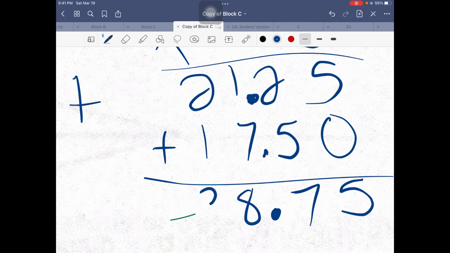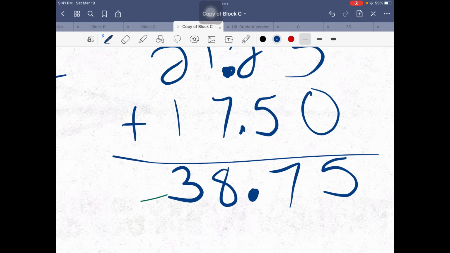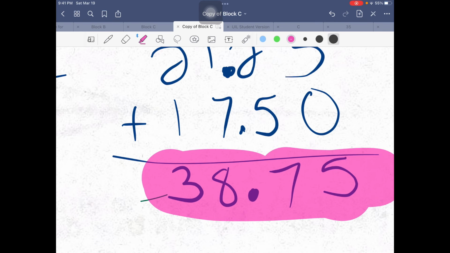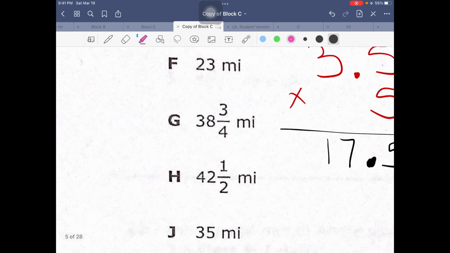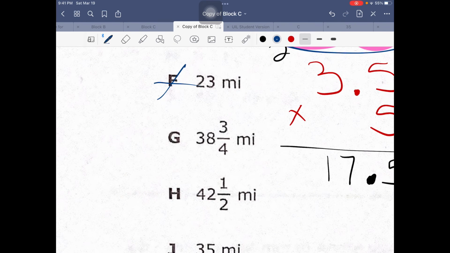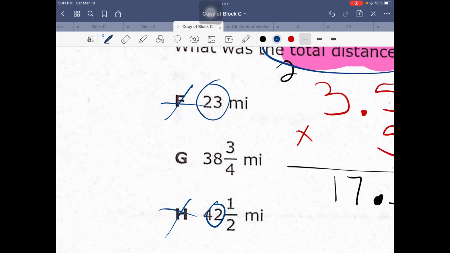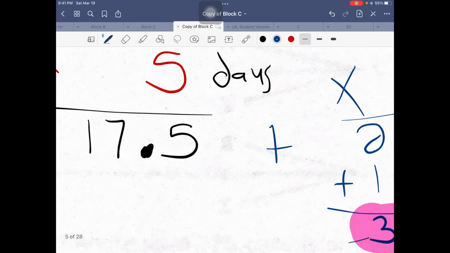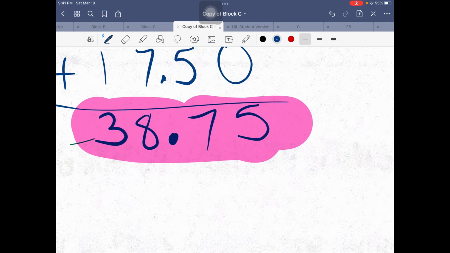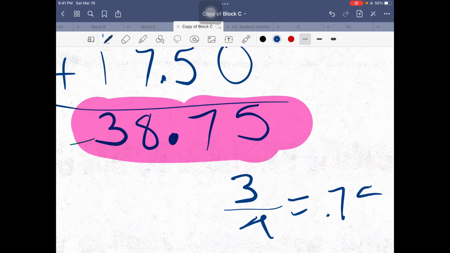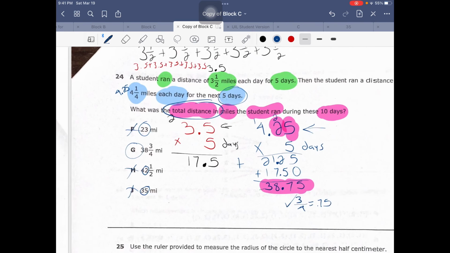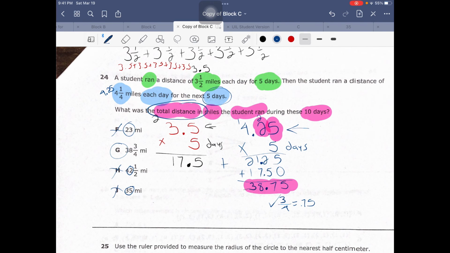And 2 plus 1 is 3. 38.75 would be your final total distance. Where do you have 38? I don't have 38 here. I have 38 here, but it has the 3/4. That's because 3/4 and 0.75 is the same thing. And this is your answer for number 20.